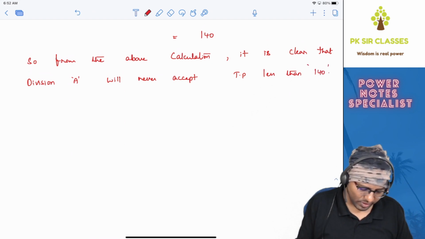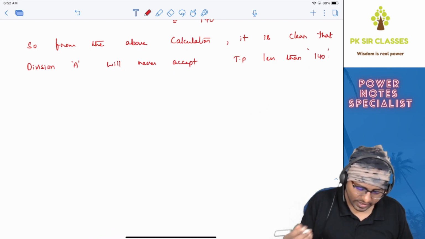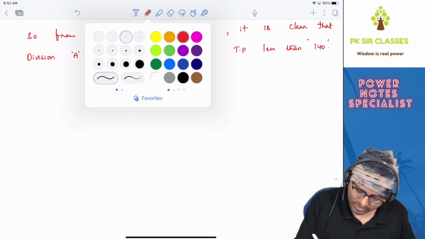Obviously, because 140 is the cost. According to the question, if it accepts a TP of 120, then let us see what happens.